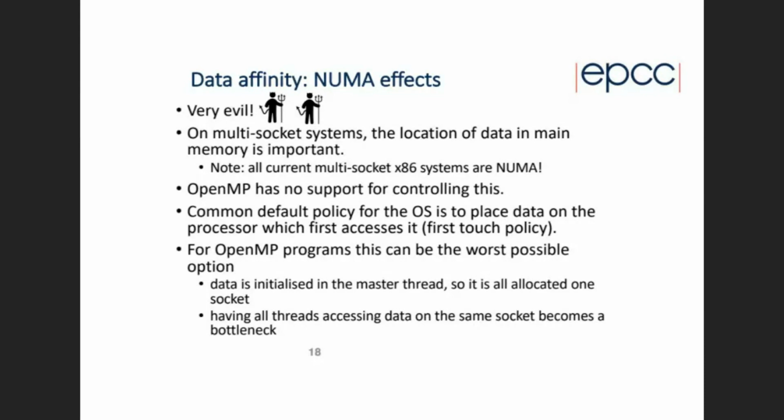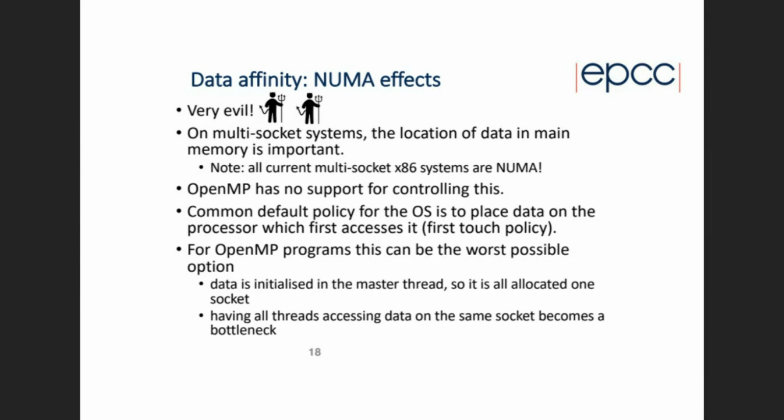What typically happens is that the operating system makes a decision about, whenever a program accesses a piece of memory, which physical block of memory it is going to be stored in. The common default policy, at least in Linux variants, is to place the data in the memory attached to the processor which first accesses it.